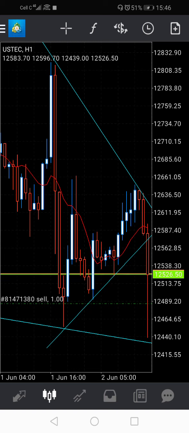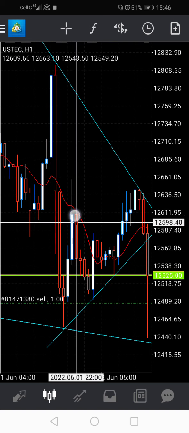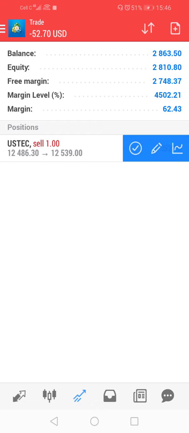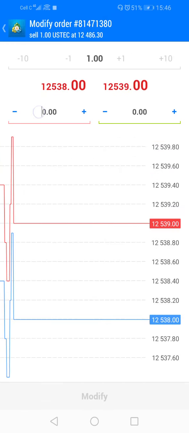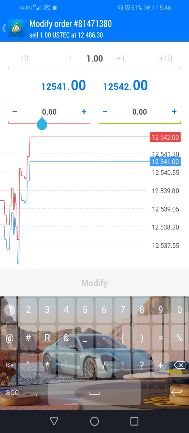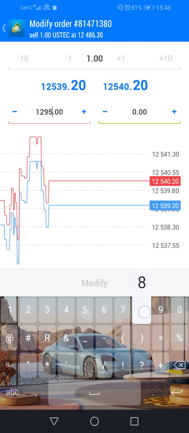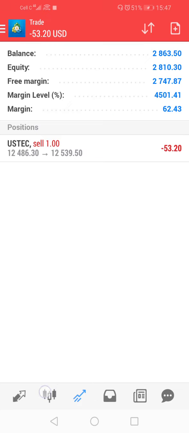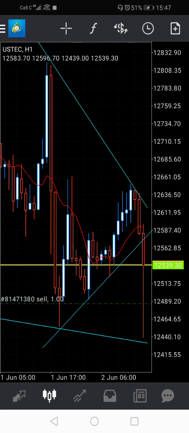So I'm going to set my stop loss somewhere here, 12,958. I know it's a bit steep, but I'm giving it room because I see the market is playing around 12,958. So that's my stop loss, and I can still change this at any moment.